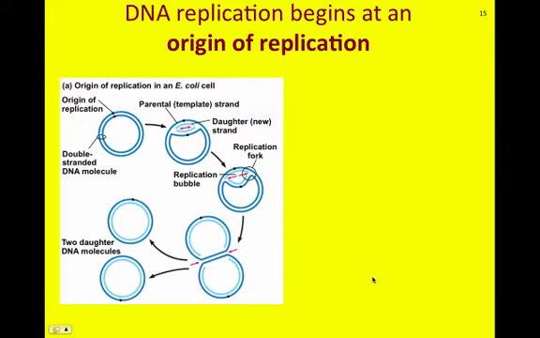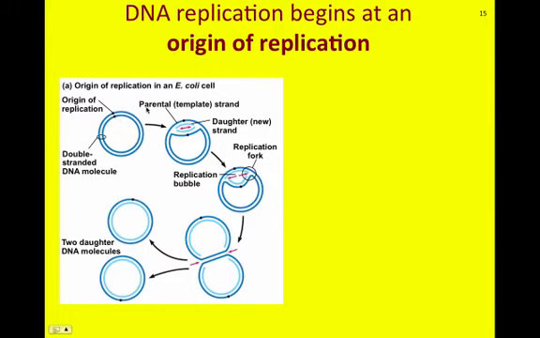DNA replication begins at what we call an origin of replication. And I say an origin of replication because I'm first going to discuss DNA replication in prokaryotes. The main example is bacteria, and you see here the bacterial cell E. coli. Each strand of DNA has one origin of replication.